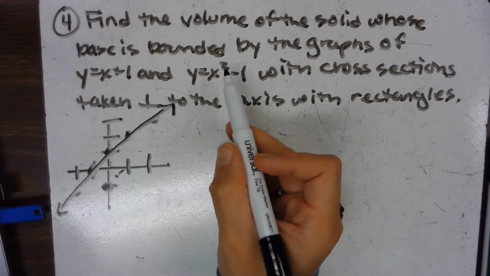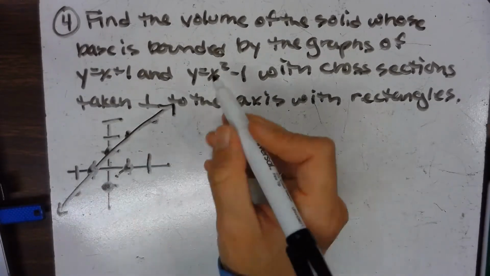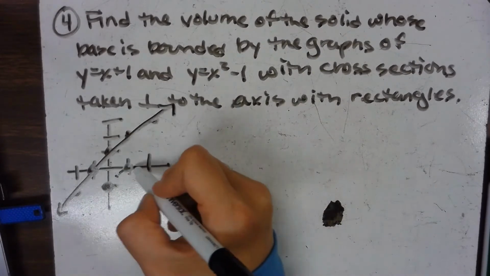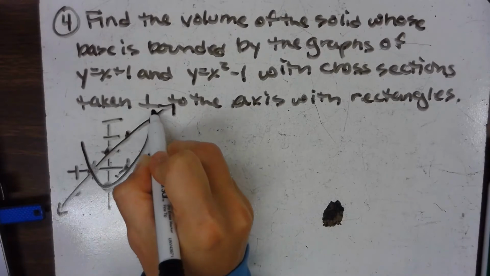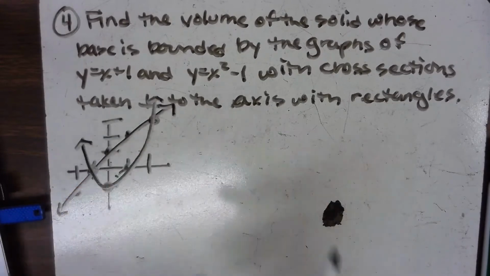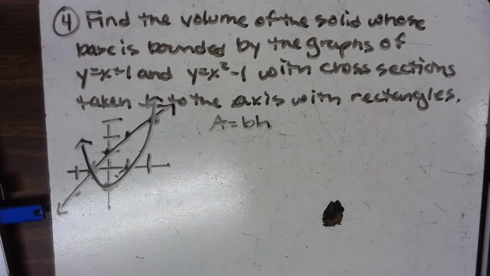When I plug x equals 1 in, I get 0. Same thing here. When I plug in 2 squared is 4. So they actually intersect right here. A rectangle, the area is base times height.